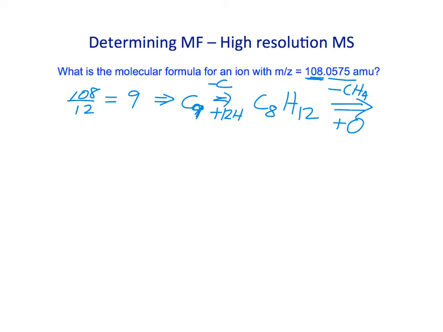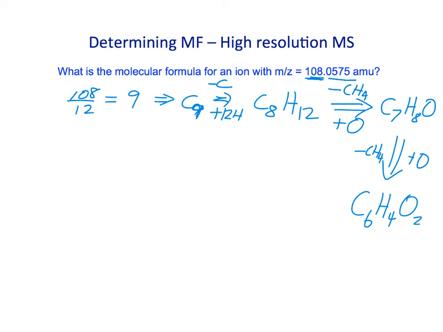If we did that, we should get C7H8O. Let's do it one more time just for the fun of it. We minus CH4 and add an oxygen, and get C6H4O2.